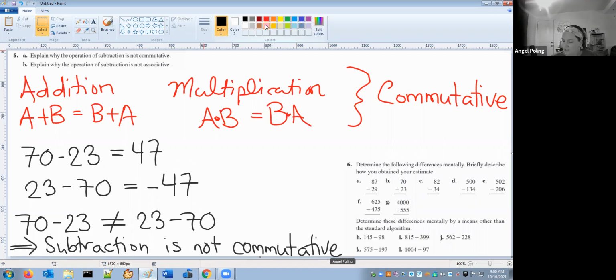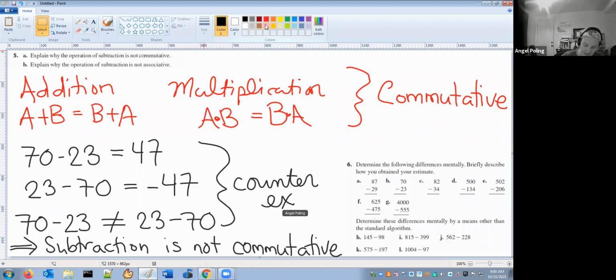Okay, so subtraction is not commutative, right? And we showed that using a counterexample. So we just found one instance where it doesn't hold, therefore it doesn't hold.